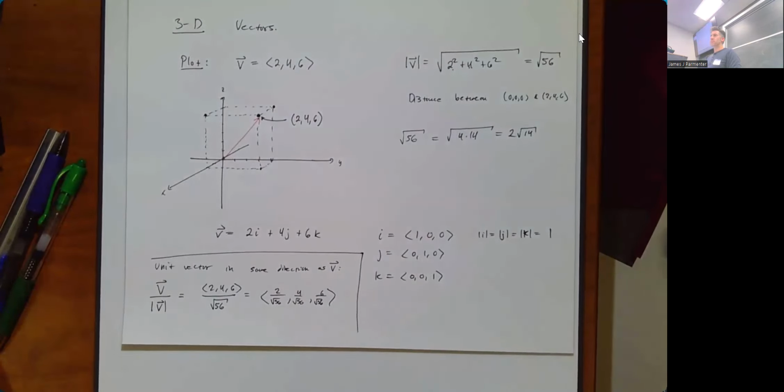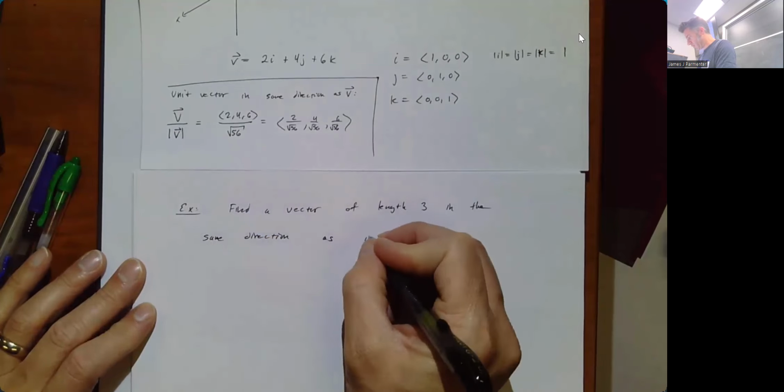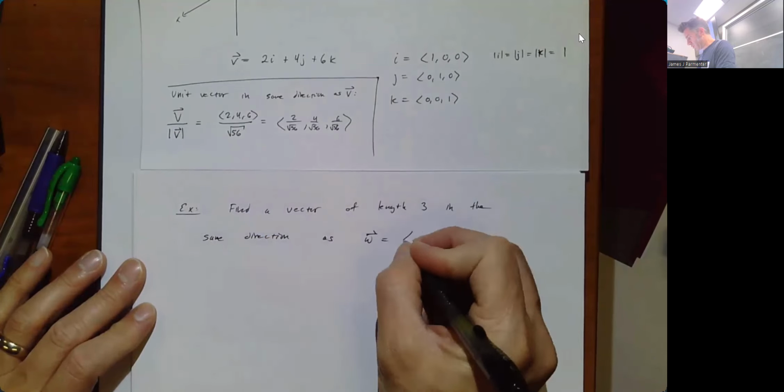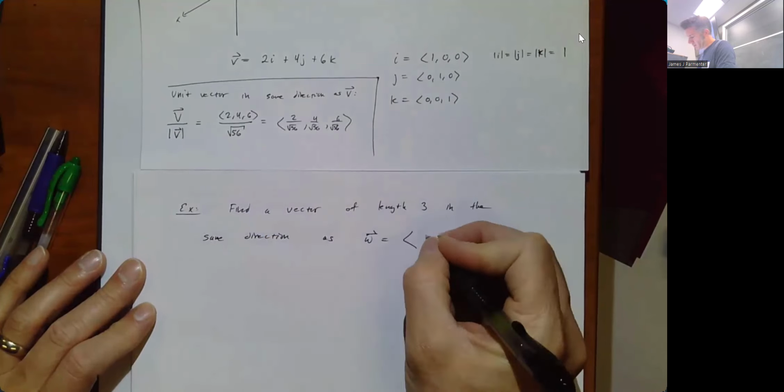I want to find a vector of length 3 or magnitude 3, if you prefer the word magnitude, in the same direction as w equal to (1/17, -4/17, 2/17). That is super annoying.